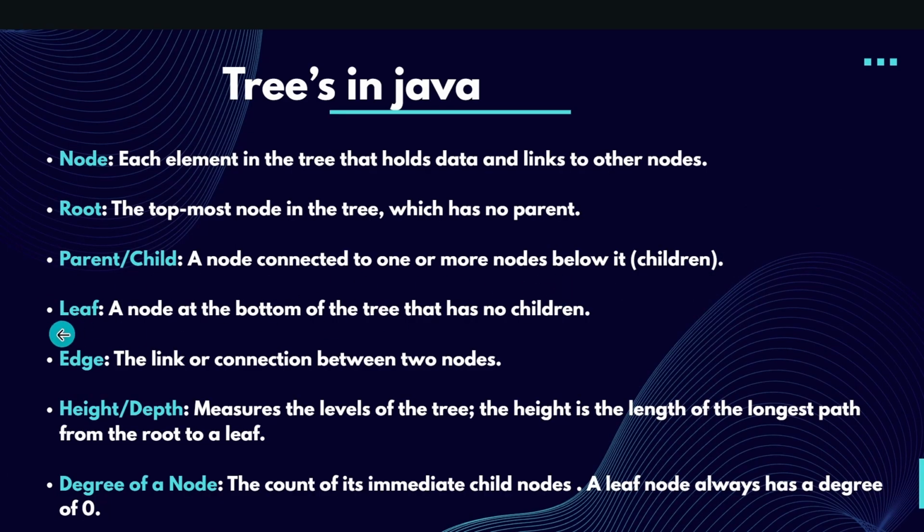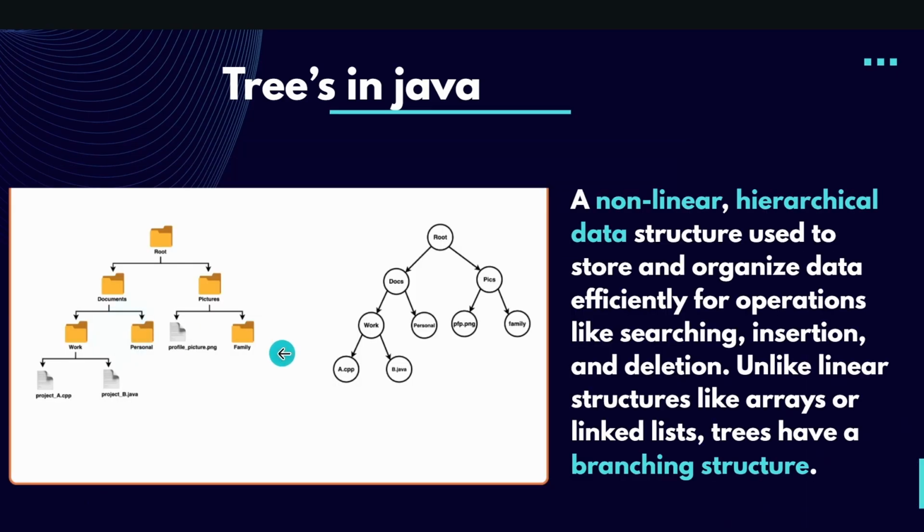The leaf nodes represent the bottommost elements which have no children. If you see clearly over here, the bottommost file, project.java, does not have any children, so it is known as a leaf node. But the working folder has two children. So this is known as parent, this is known as child, but it also has another name called leaf node.